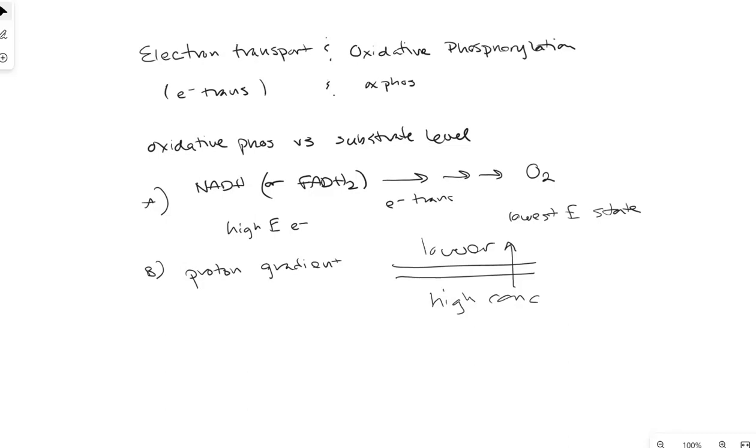And if you provide a mechanism by which to do that, such as a pore or a pump, this energy can be harvested to produce a chemical in a fashion which does not happen spontaneously, such as the synthesis of ATP.